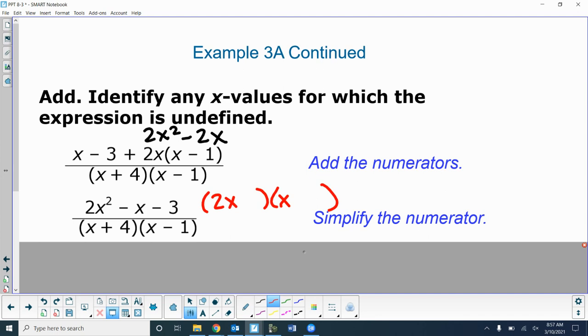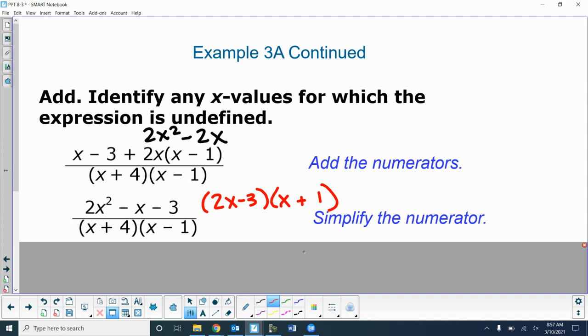There's no factors of -3 with this 2x squared that'll give me -1. Wait a minute. Yeah, maybe it is. Let me check. First is 2x squared, outside is 2x, inside is -3x. Yeah, that works.